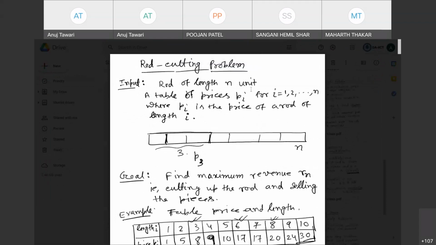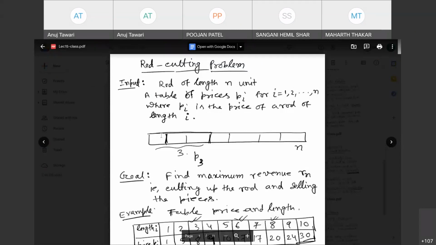So here is our first problem in dynamic programming. You are given a rod of length n units and there is a table of prices.